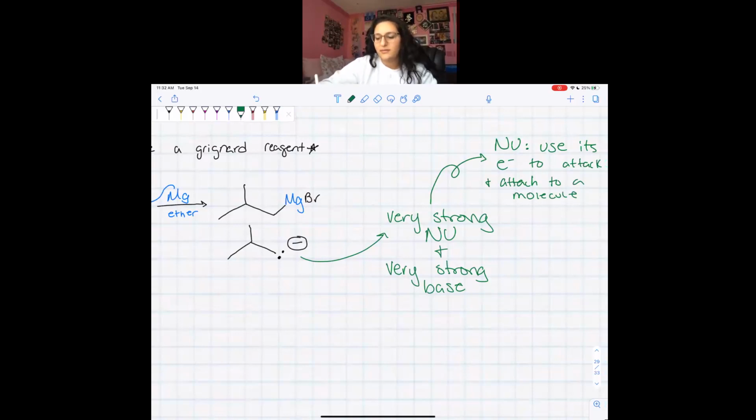Versus, bam, the base is going to use its electrons to steal a hydrogen.